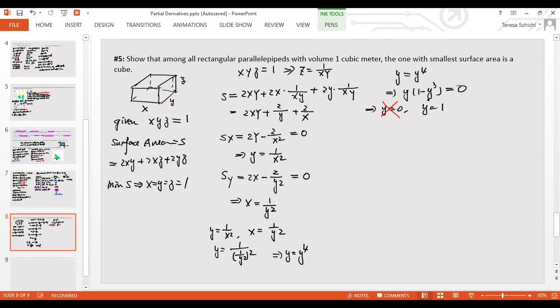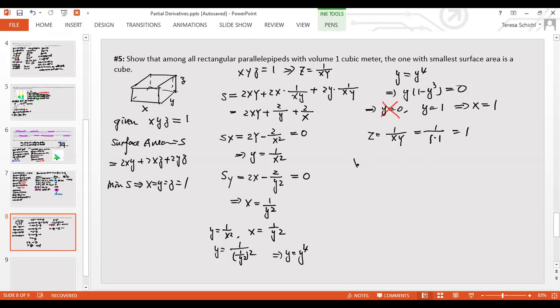And so if y equals 1, then z is equal to 1 over xy. Putting y equals 1 back in, we can get x equal to 1. So what is z here? It's 1 times 1, which is 1.